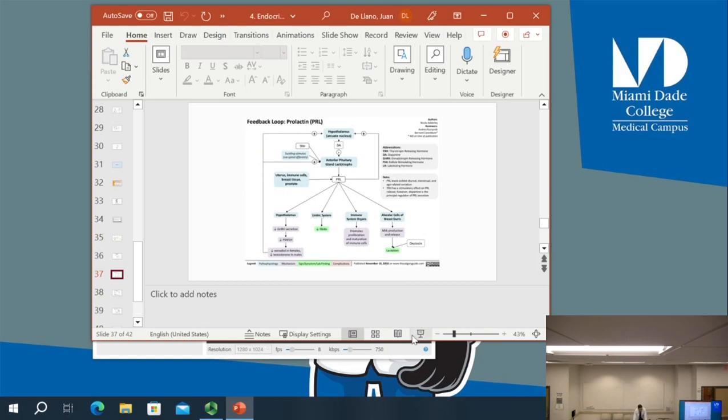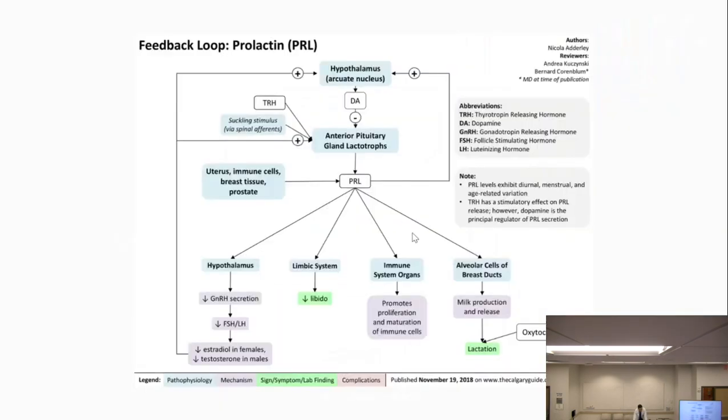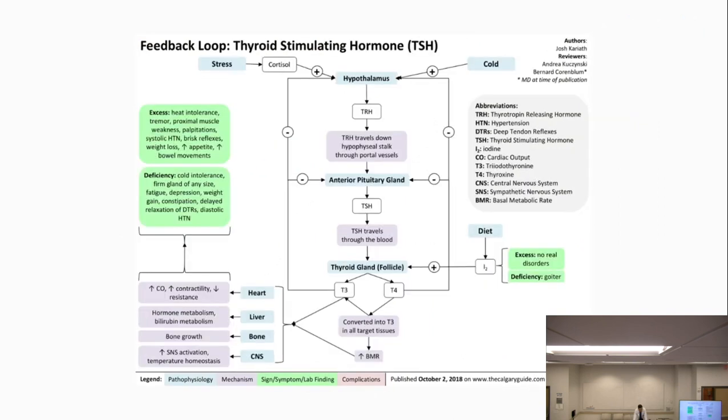In the resources I wanted to show you, probably I already told you about this great website, the Calgary Guides. I probably told you something about this the first day. Please use this website. Try to look at the diagrams they have. Maybe they are a little bit complex, and you can try to produce a simplified version of them without looking directly at them.